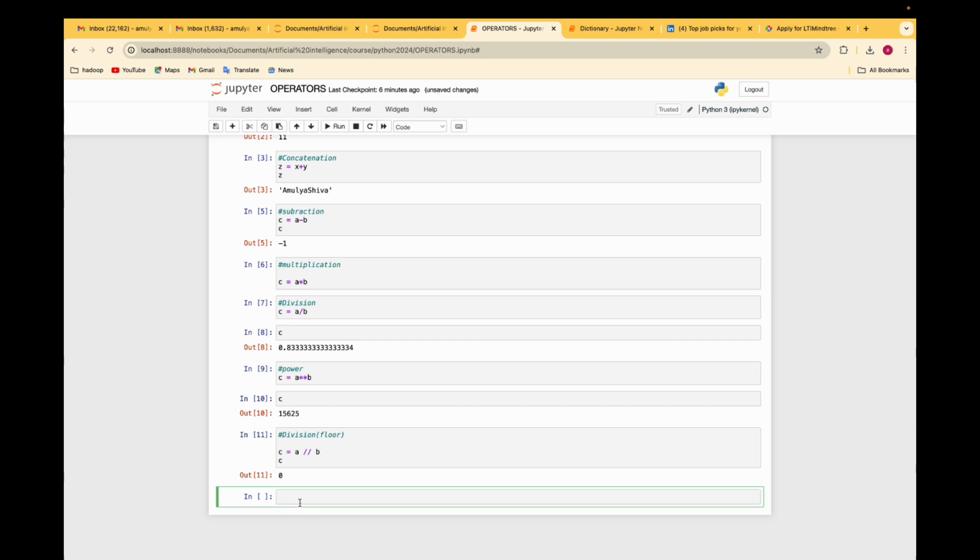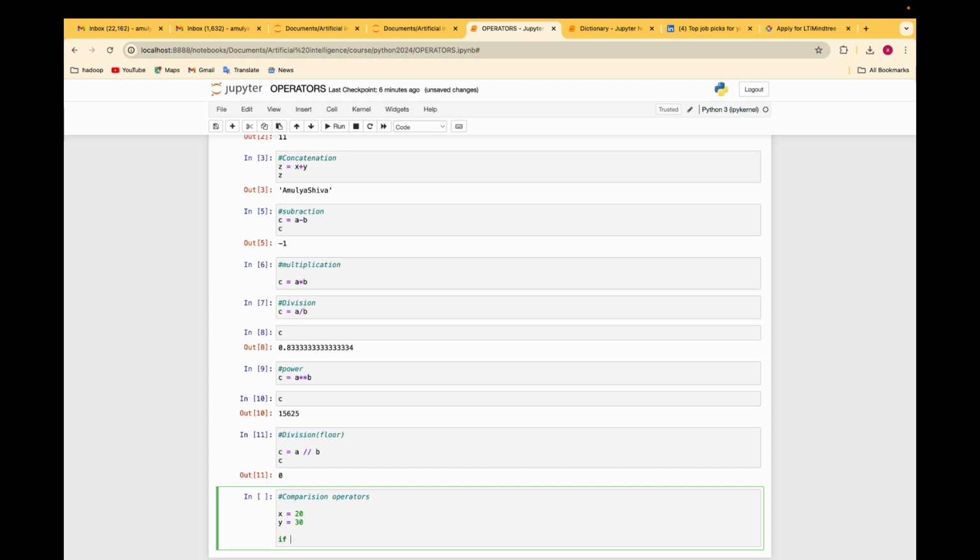So let's consider the comparison operators. Let's consider x equals 20 and y equals 30.